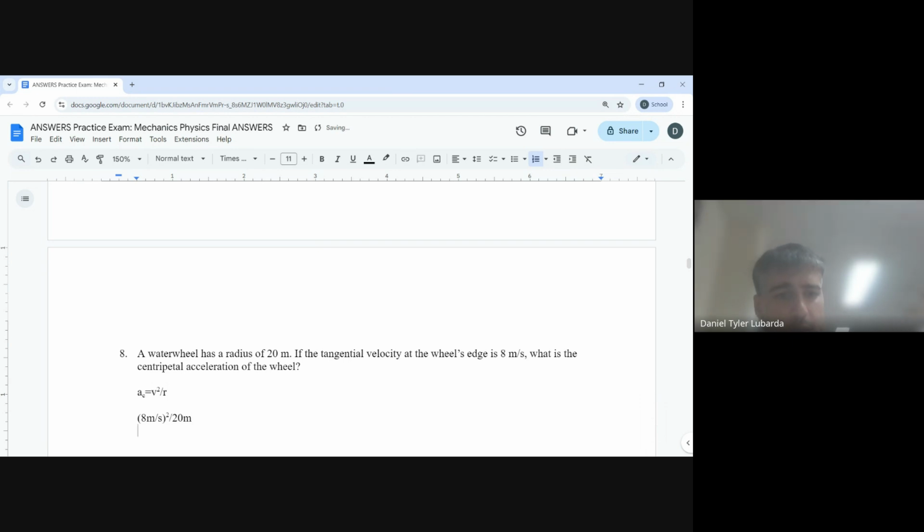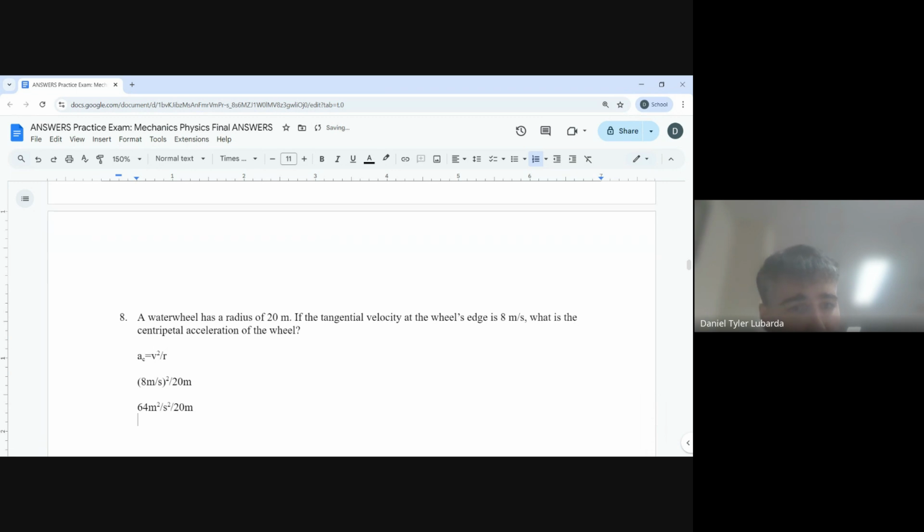So we get 64 meters squared divided by seconds squared, divided by, again, 20 meters.